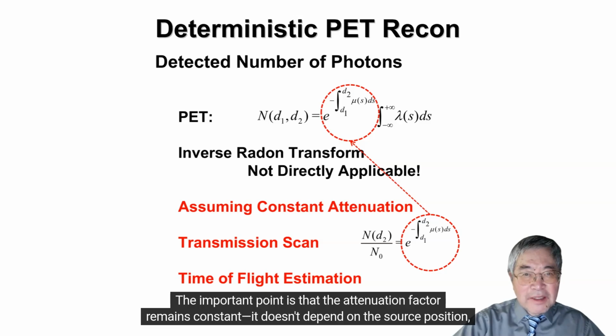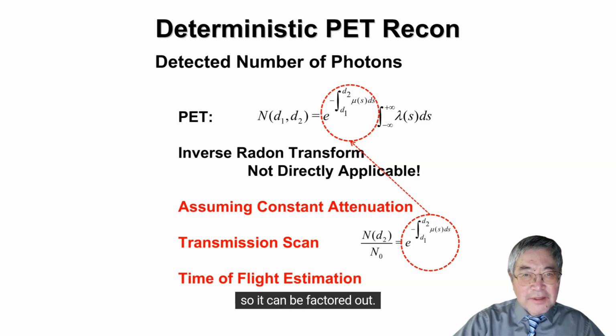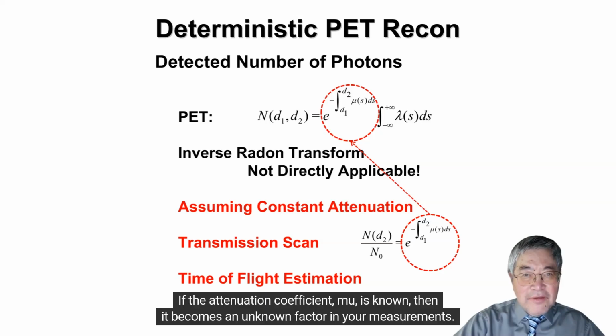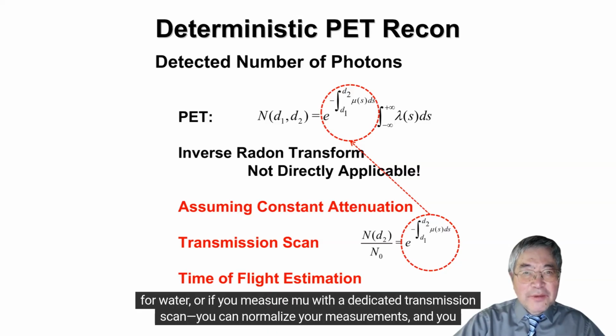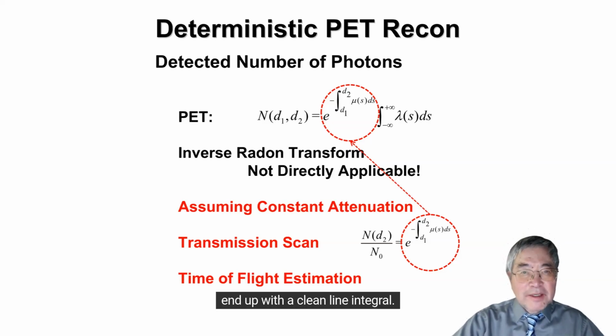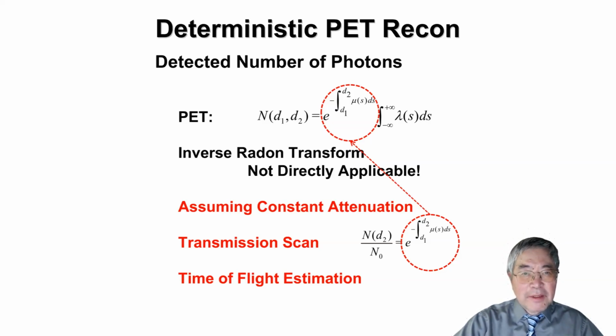It doesn't depend on the source position, so it can be factored out. If the attenuation coefficient mu is unknown, then it becomes an unknown factor in your measurements. But once you know mu, like if you assume the patient's body is mostly water, making mu equal to the value for water, or if you measure mu with a dedicated transmission scan, you can normalize your measurements and you end up with a clean line integral.